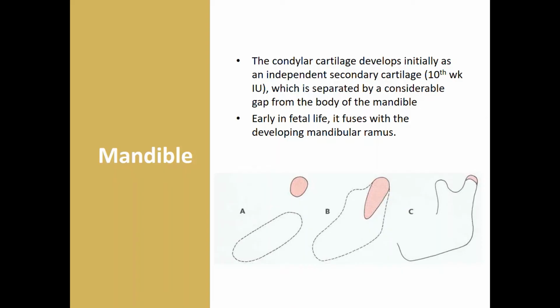That means it's a growth site, not a growth center. And it will form independent of the rest of the body of the mandible. And then early in fetal life, it will fuse with the mandibular ramus as it grows.